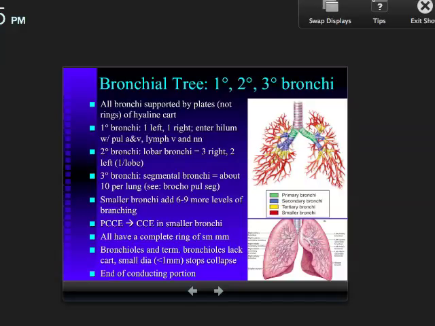So you change the nature of that. As we get further down into the airways, into the bronchioli, the pseudostratified ciliated columnar epithelium turns into a simply ciliated columnar epithelium, so it becomes a little bit simpler in its appearance.